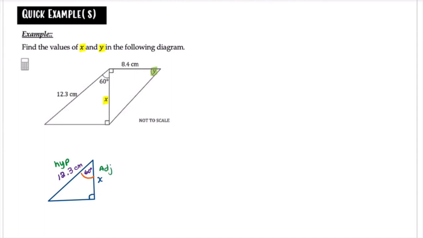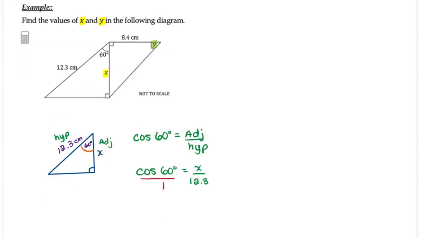So automatically, to solve for x, we're dealing with cosine. Cosine of the angle, which would be 60 degrees, is equal to the adjacent side over the hypotenuse. So there's my setup. In order for us to solve for x, we need to cross multiply.